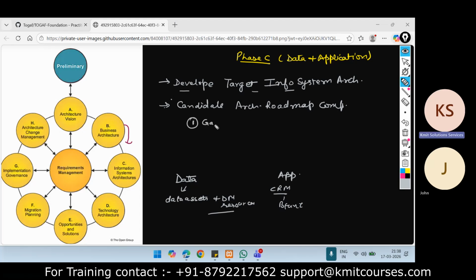So identify the gap between baseline and target or future state. You need to know what the transition architecture steps are.